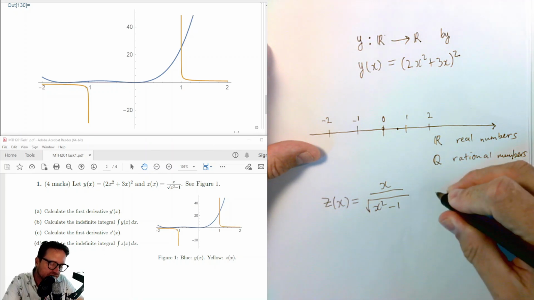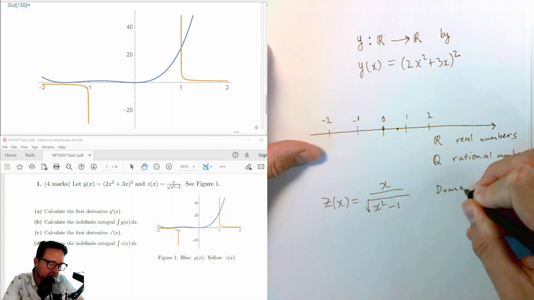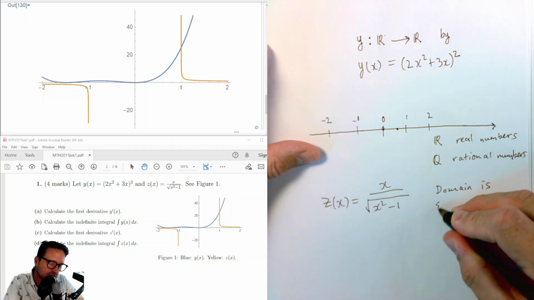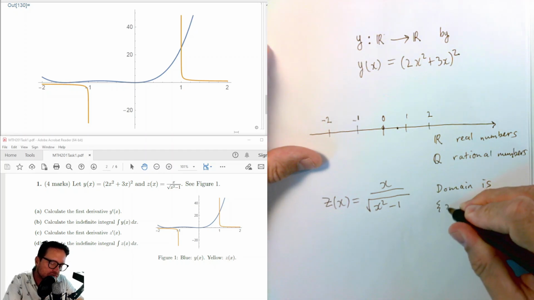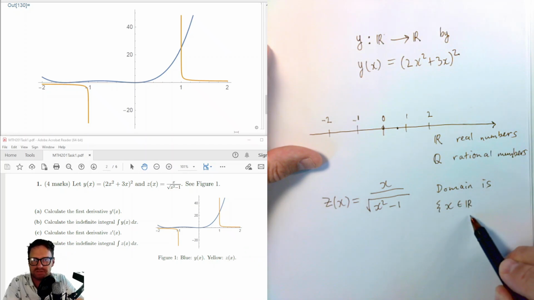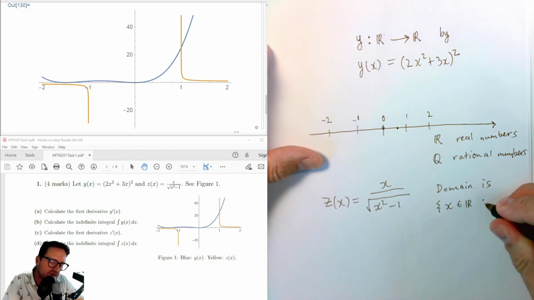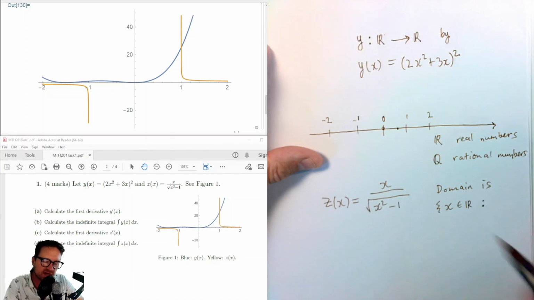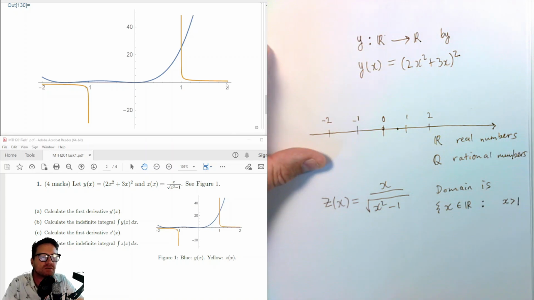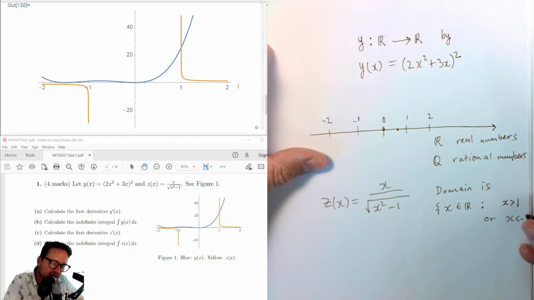So the domain for this function, or implied domain, is the set of all real x. This says x is an element of the set of real numbers, and I put a colon for such that, so read that as such that x is strictly greater than 1, like what we see here, or x is strictly less than -1.